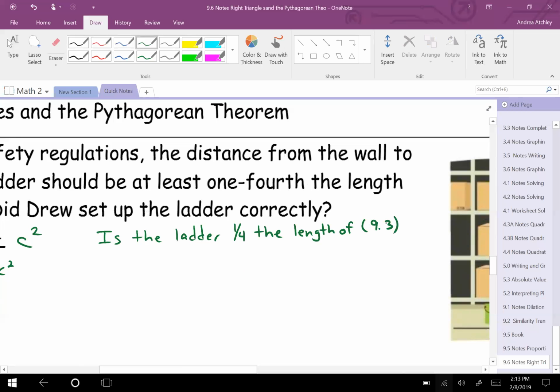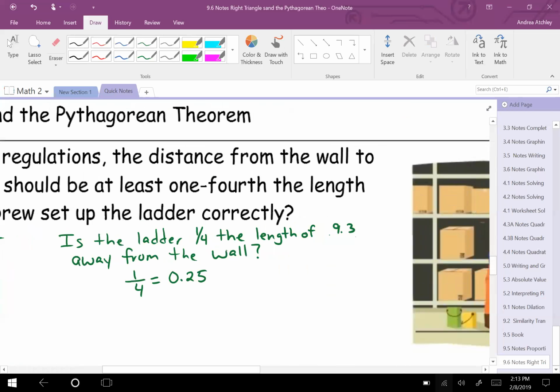I don't know why I have parentheses there. I shouldn't. 1/4 the length of 9.3 away from the wall. Okay. As a decimal is what? 0.25, that's a quarter, right? 25 cents. Now what we want to know is 9.3.